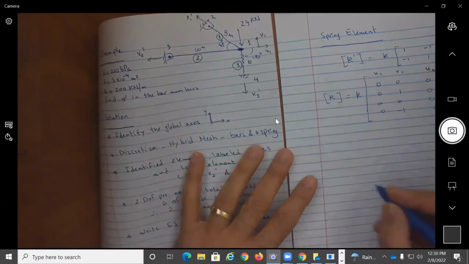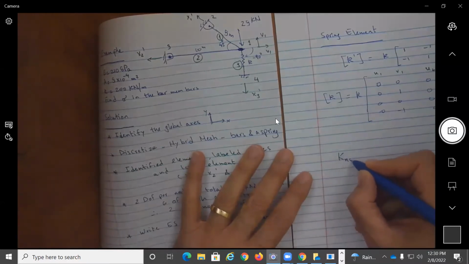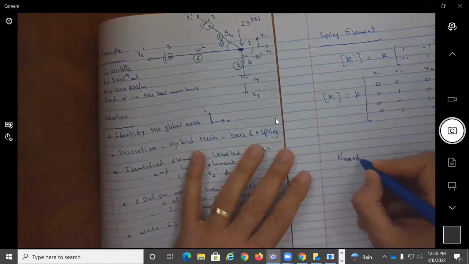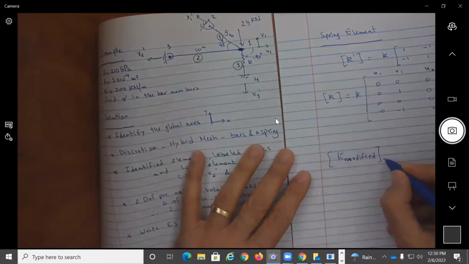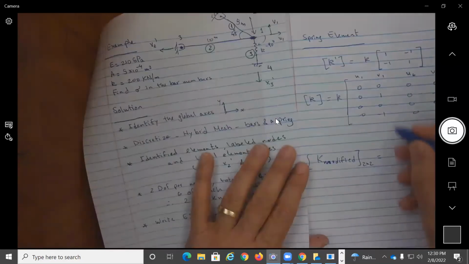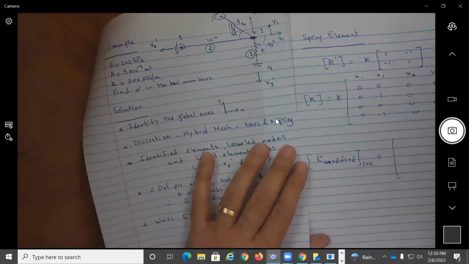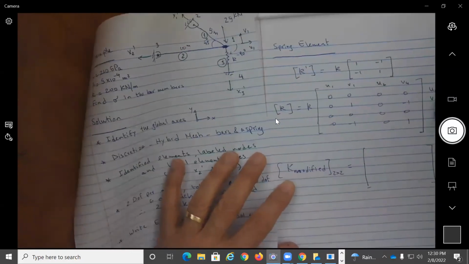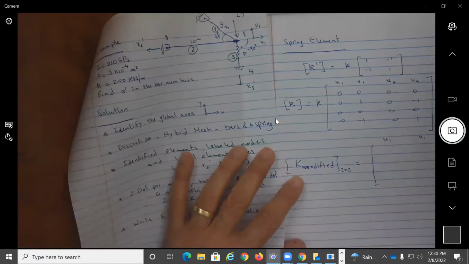And then you want to come up with the K modified, that is the 2 by 2. So you get contribution from all the elements, and then you get this 2 by 2 stiffness matrix corresponding to U1, V1, U1, V1.